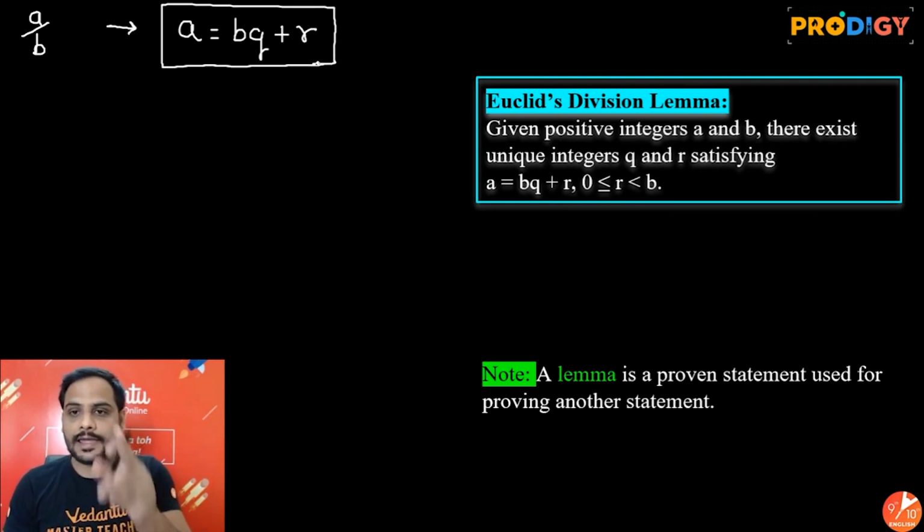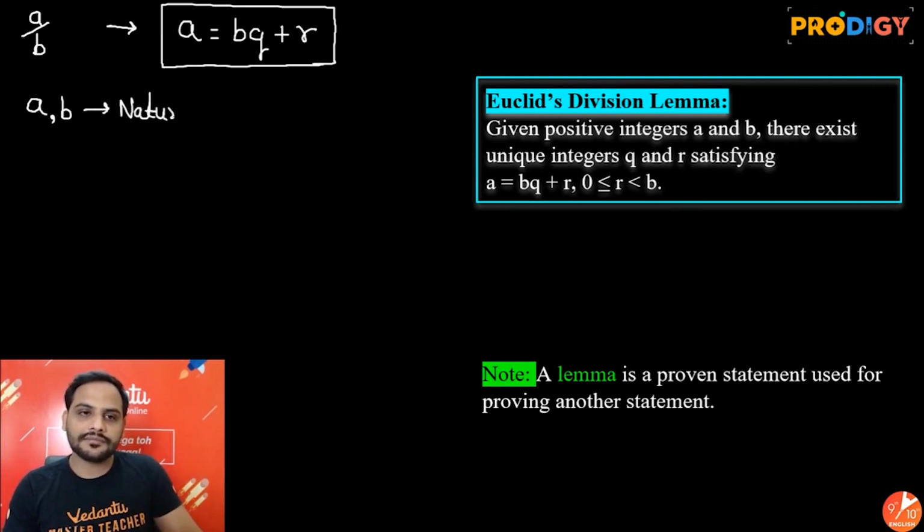Remember, here a and b are positive integers. Positive integers means I am talking about natural numbers. So a as well as b will be natural numbers.